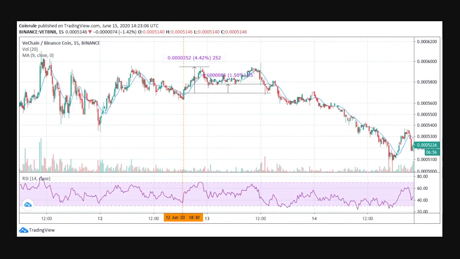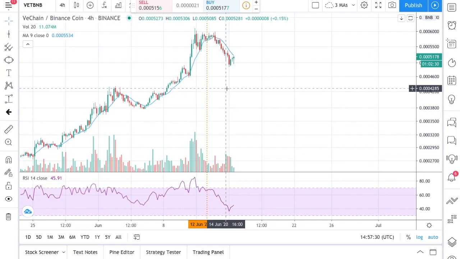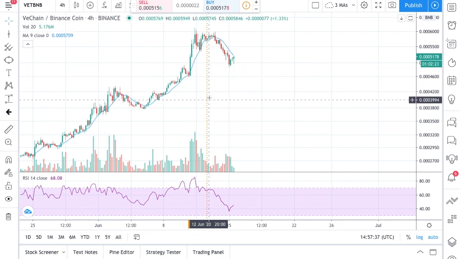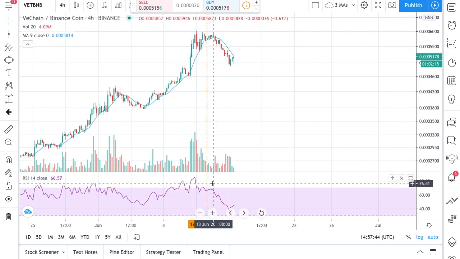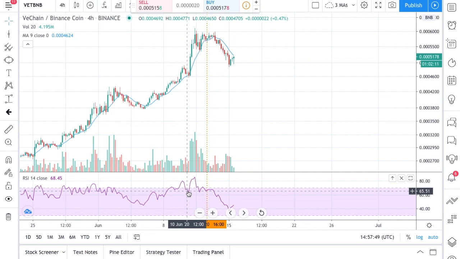As you can recall from the previous example, here on VeChain, we had a very good entry point. Let's zoom out to see how the macro picture was on the trading pair. Here is the chart of VET versus BNB on a 4-hour time frame, and as you can see, I marked the point at which I entered into the market, and the positioning of the RSI is completely different from the one that we saw before.